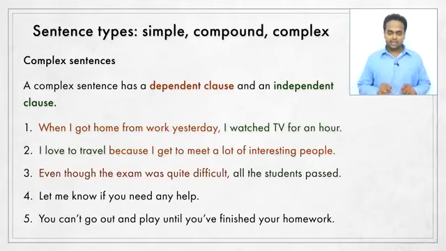All right, number 3, even though the exam was quite difficult is the dependent clause, and all the students passed is the independent clause. In number 4, let me know is independent, and if you need any help is dependent. And finally, in number 5, you can't go out and play is the independent clause, and until you finish your homework is the dependent clause.